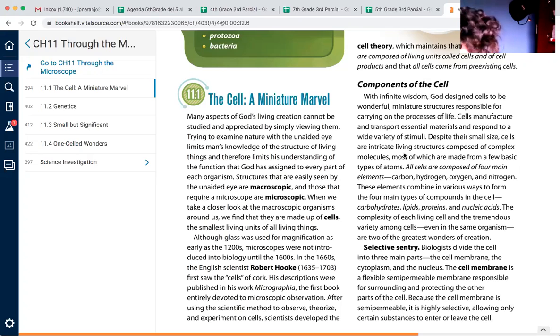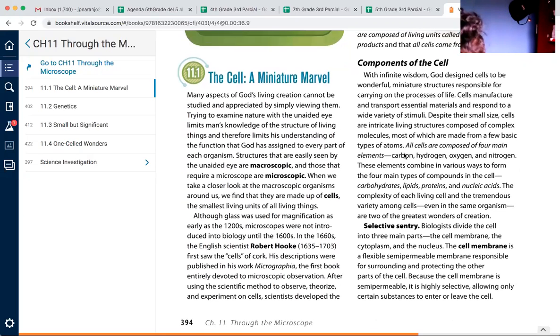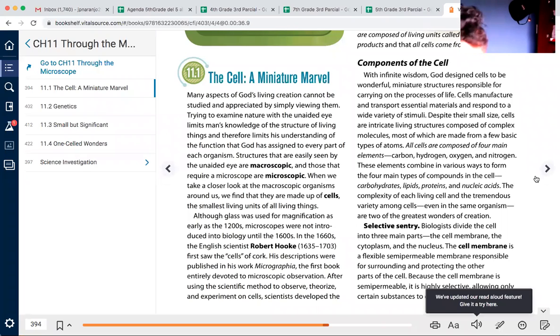Biologists divide the cell into three main parts: the cell membrane, the cytoplasm, and the nucleus. The cell membrane is a flexible, semi-permeable membrane responsible for surrounding and protecting the other parts of the cell. Because the cell membrane is semi-permeable, it is highly selective, allowing only certain substances to enter or leave the cell.